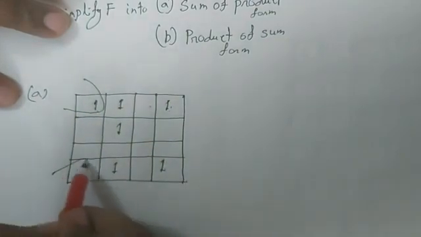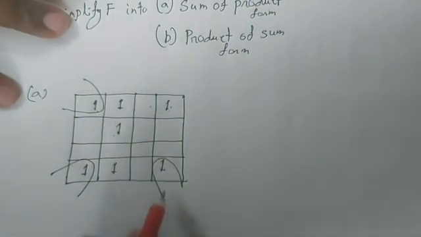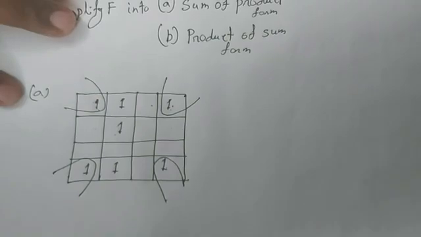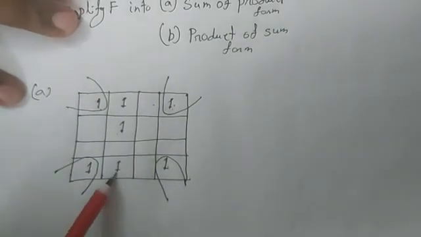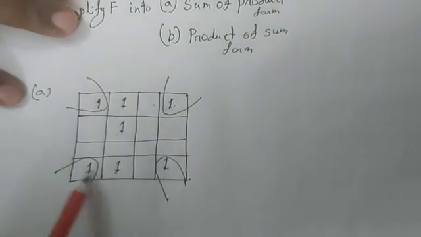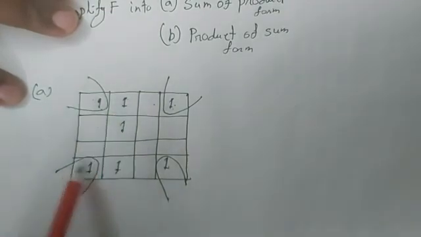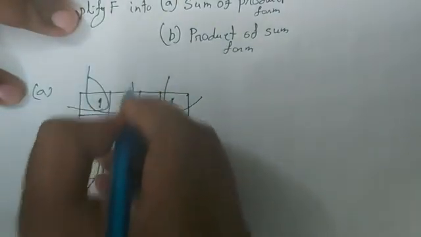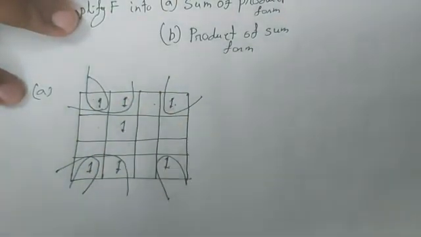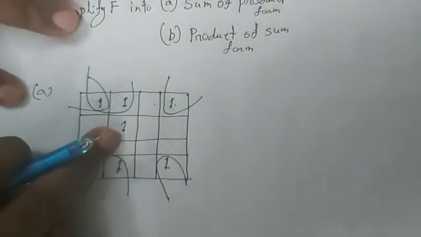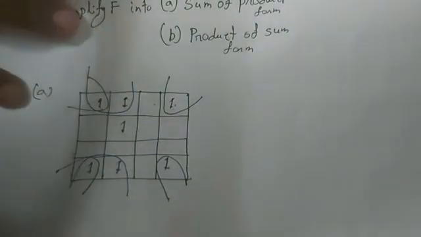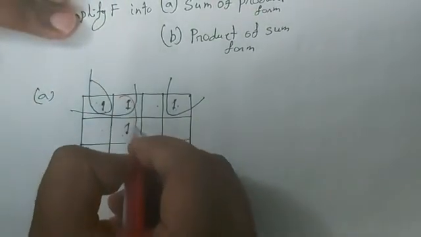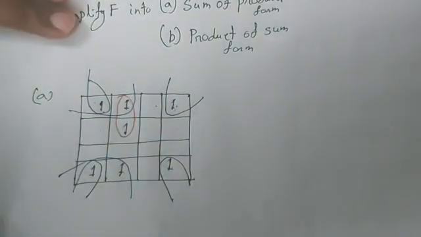Then this one can make a group of 4, and this one can make a group with this one, which is another group. So these are the 3 groups. Hopefully you got it.